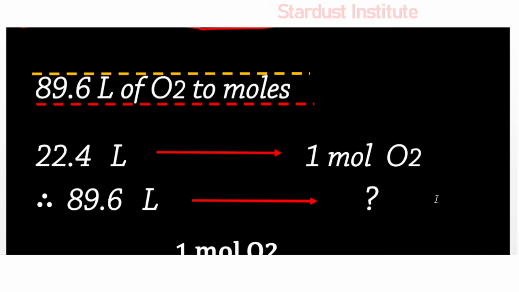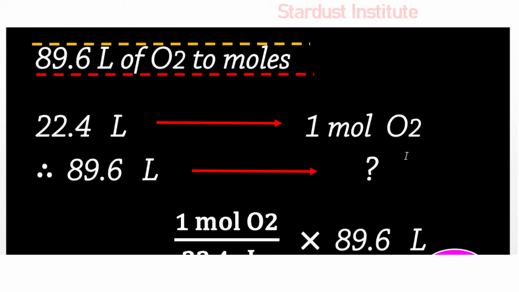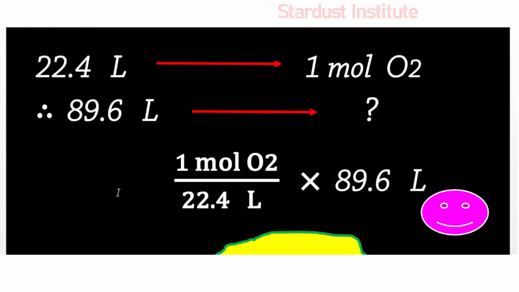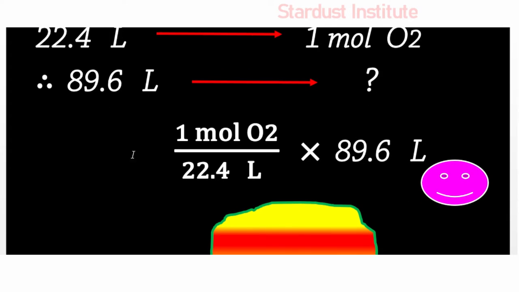We can find it in this way: 1 mole O2 divided by 22.4 liters, multiplied by 89.6 liters. Here we can cancel out liters.